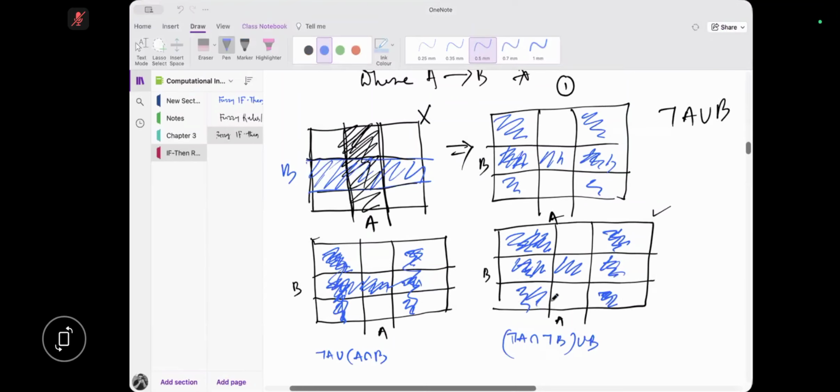Yes, sir. So this is the understanding: if I find the implication A implies B, whatever formula I apply, I will get the same result. The formulas are different ways of representing the data, but at the end we get the same values. Understood by everyone?